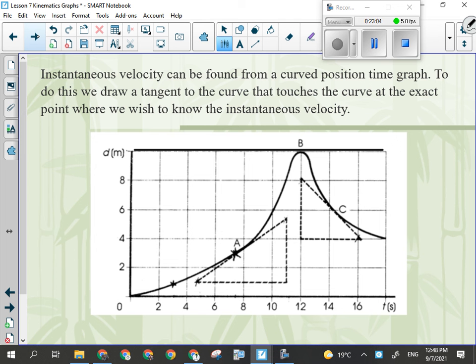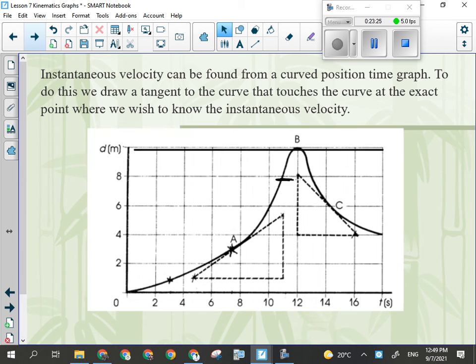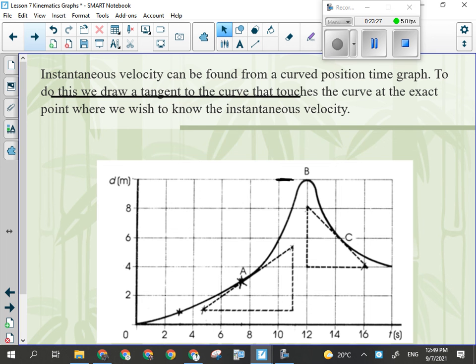Now, at about this point right here, that acceleration where the speed is getting greater stops. And now we see that the line is getting flatter.